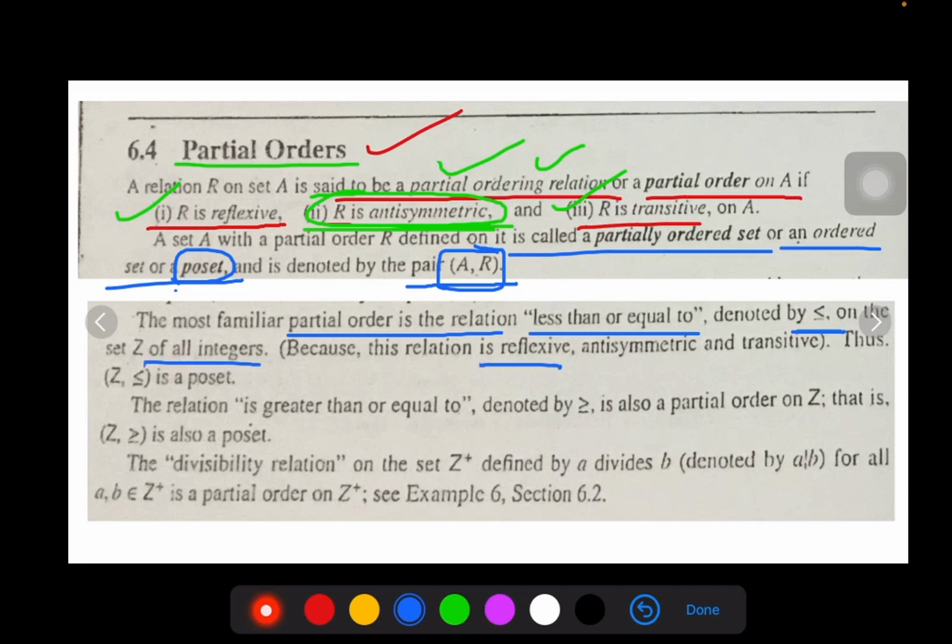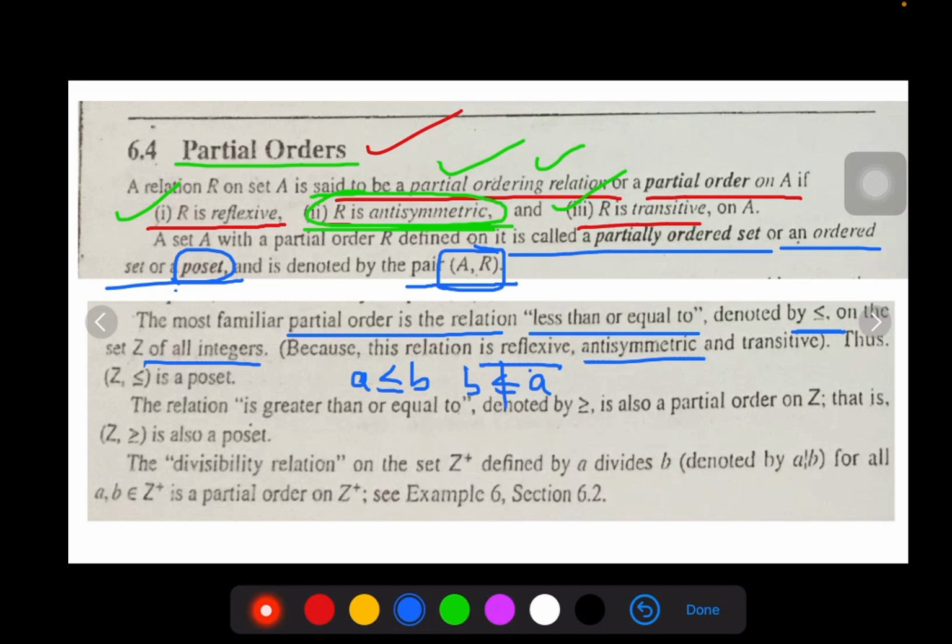the reflexive property. We know that every element is less than or equal to itself. Antisymmetric, yes, of course, it satisfies antisymmetric. When A is less than or equal to B, B less than A is not possible. That's why it is anti.